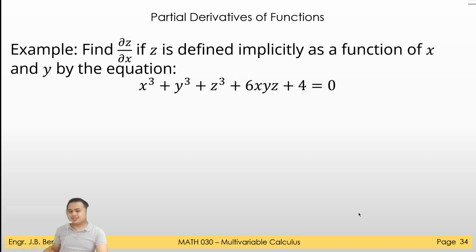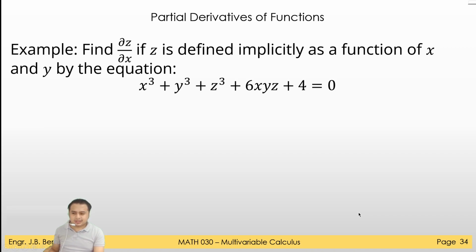Now, find the partial derivative of z with respect to x if z is defined implicitly as a function of x and y by the equation. We can also do partial derivatives in implicit form. So if it is not shown explicitly, we can still take the derivative using implicit differentiation.